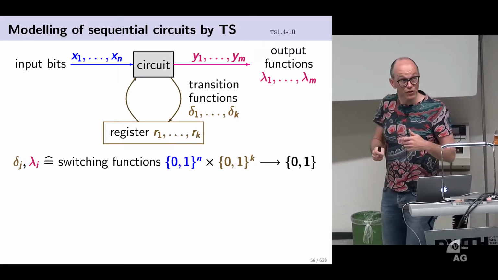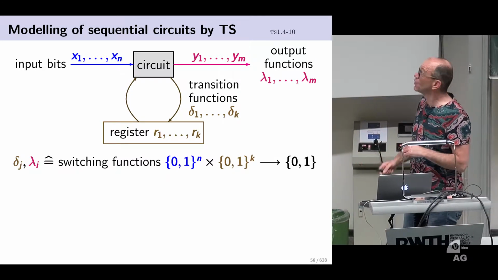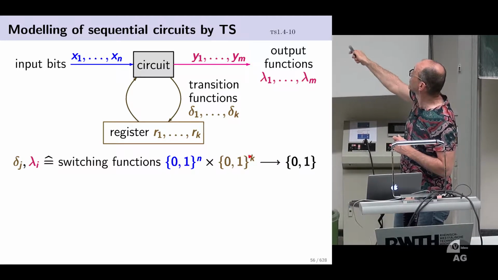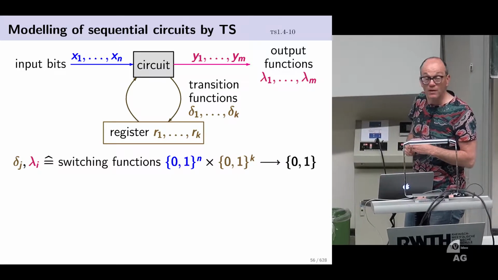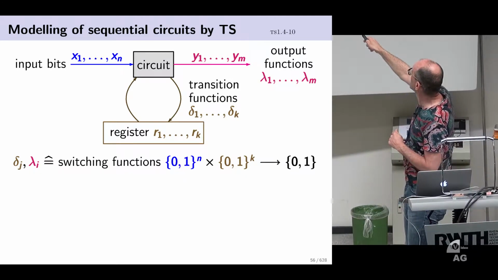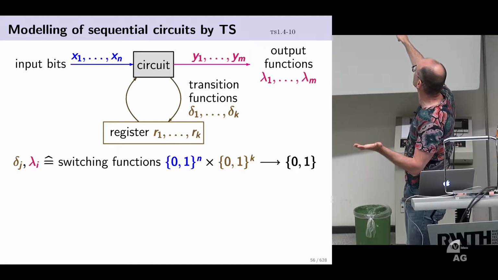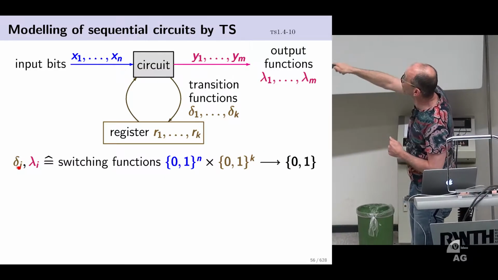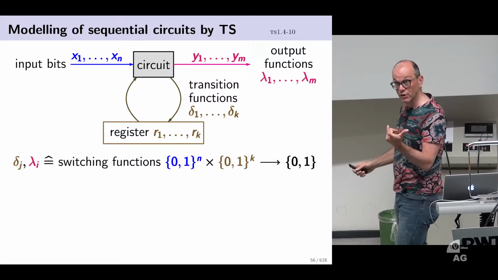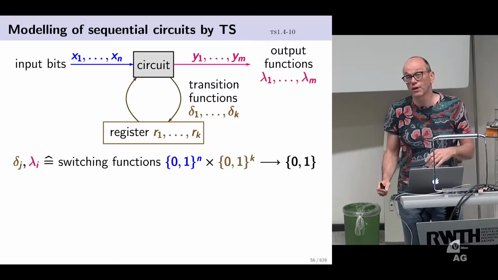Then those values also depend on the current value of the registers. How many registers do I have? I have k registers, so I have {0,1} to the power k. Based on these inputs and the values of the registers, I'm going to determine the new value of the register or the output, either for register j or for output i. So the subscripts are going to tell you which register we're going to talk about, which outputs we are going to talk about.